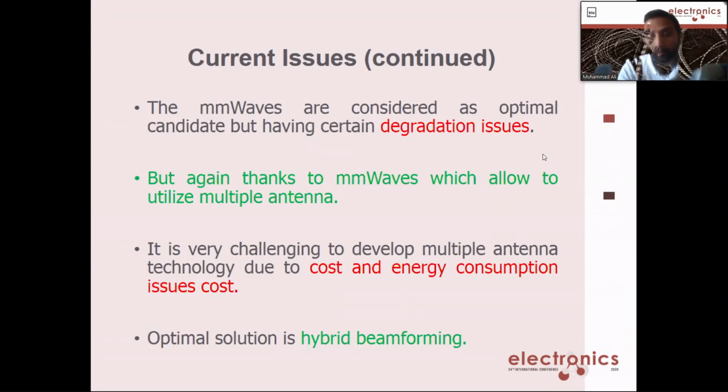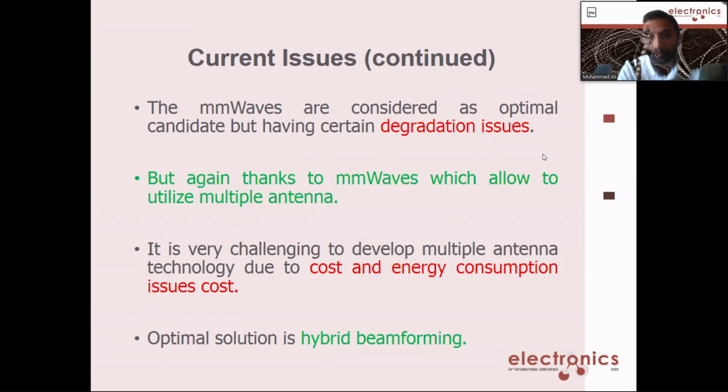However, again, multiple antenna technology has severe problems related to cost and energy consumption, because for every single antenna, a single RF chain is required. And every single RF chain consists of an analog to digital converter, digital to analog converter, and mixer. So it may be very difficult, and most importantly, there will be cost and energy consumption issues.